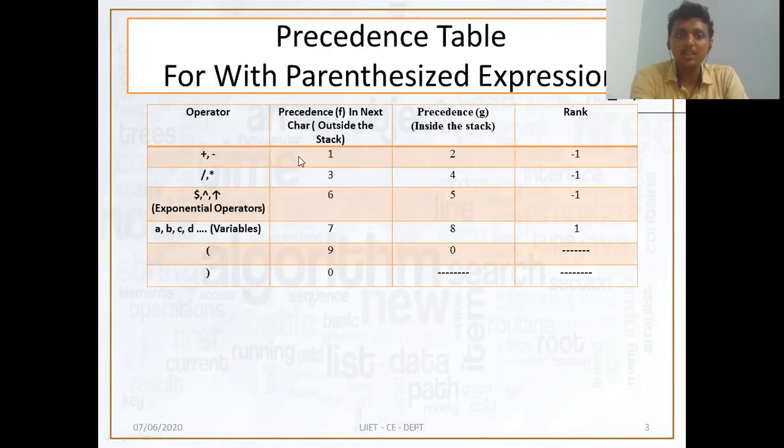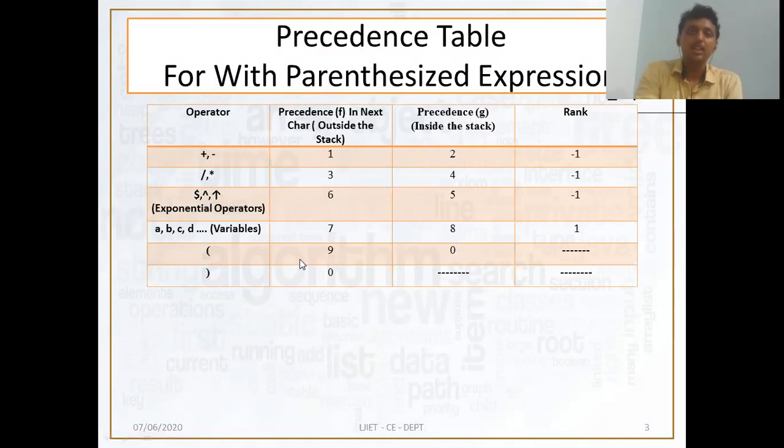See, plus minus, outside the stack precedence is 1, inside the stack it is 2. Division star, outside the stack it is 3, inside the stack it is 4. For the exponential operator, outside the stack is 6, inside the stack is 5. For ABCD, 7, 8. For the opening bracket it is 9, and for the closing bracket it is 0.